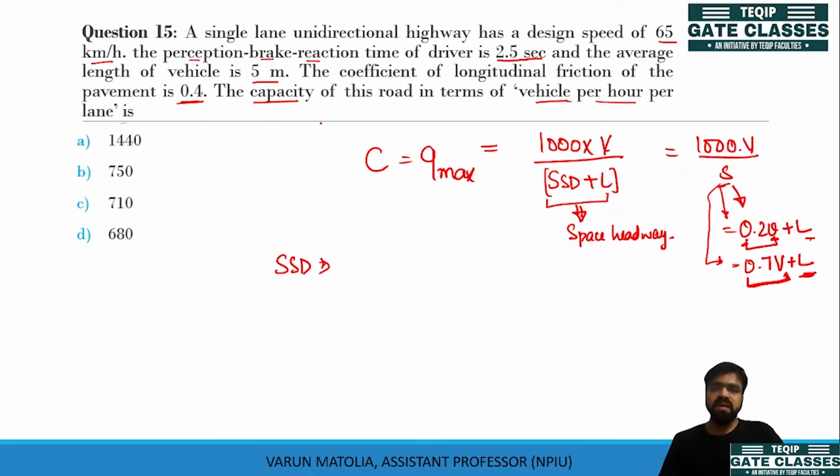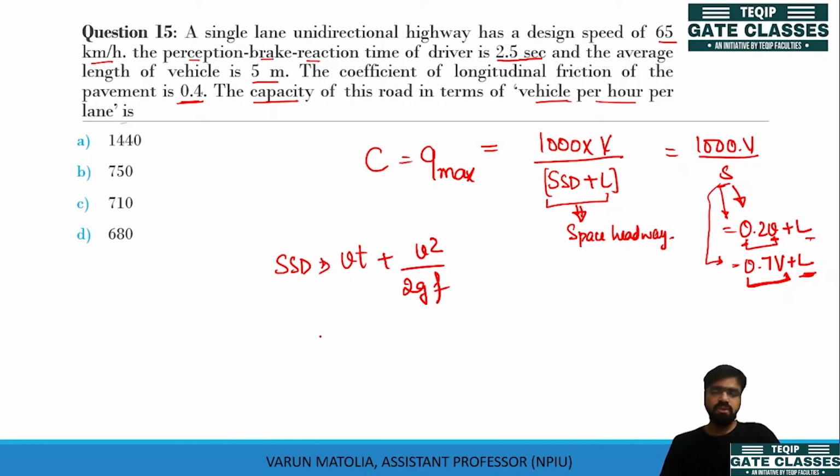Now, as all the values are given to calculate SSD, we will not use this approximate value. We will calculate the SSD. What is SSD? SSD is this. V value is given in kilometer per hour.